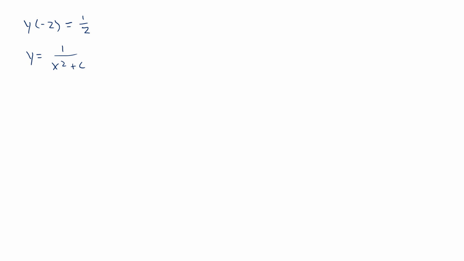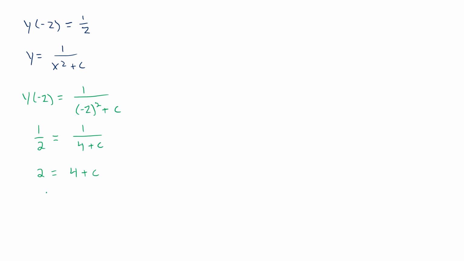All right, so now we have y of -2 equals 1 over (-2)² plus c. So y of -2 is 1/2. So then we have 1/(4 plus c). Okay. So in order for these two ratios to be equivalent, 2 must equal 4 plus c.